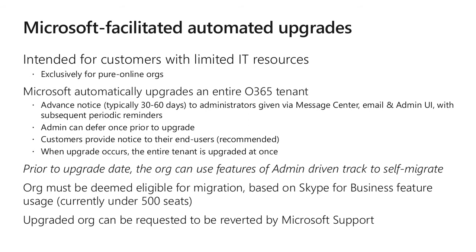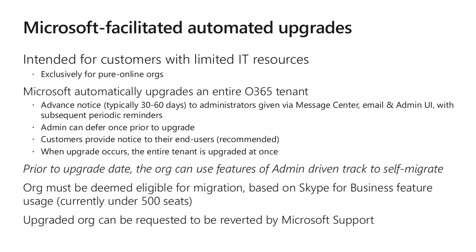Advance notice is given out to administrators via message center, via email, as well as via the admin UI with subsequent periodic reminders. The intent here is that this is something that will occur for smaller organizations, typically under 500 seats in size, that have been deemed eligible for this upgrade process.